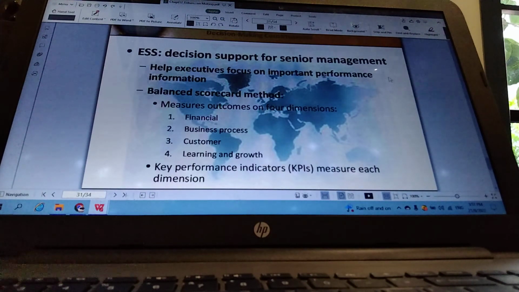In the next slide, you can also see how the expert information system can be used by senior management in making decisions, especially in areas such as financial matters, business processes, and customers, where you have a large number of customers, especially when your market is global and your industry is still growing.